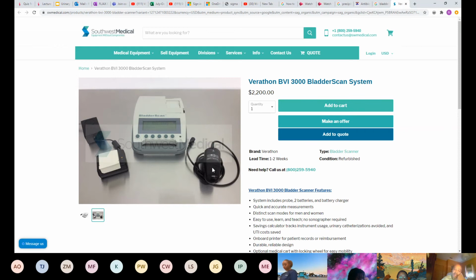I think if it's more than 250 cc's, then you have to either insert a Foley or do an in and out catheter. I'm trying to remember what we used to do when I worked in the hospital, but I think it's somewhere around 250 to 300. Yeah, that's how ours was. So that's a bladder scan for those of you who don't know.